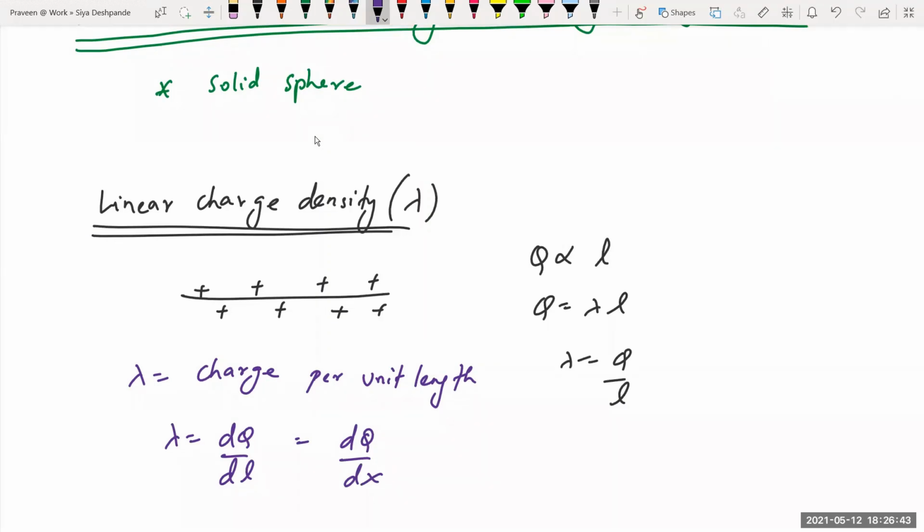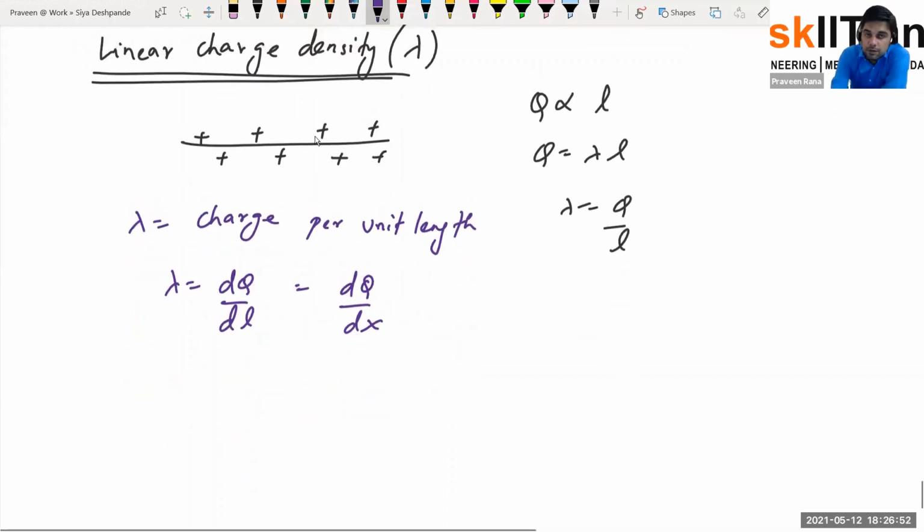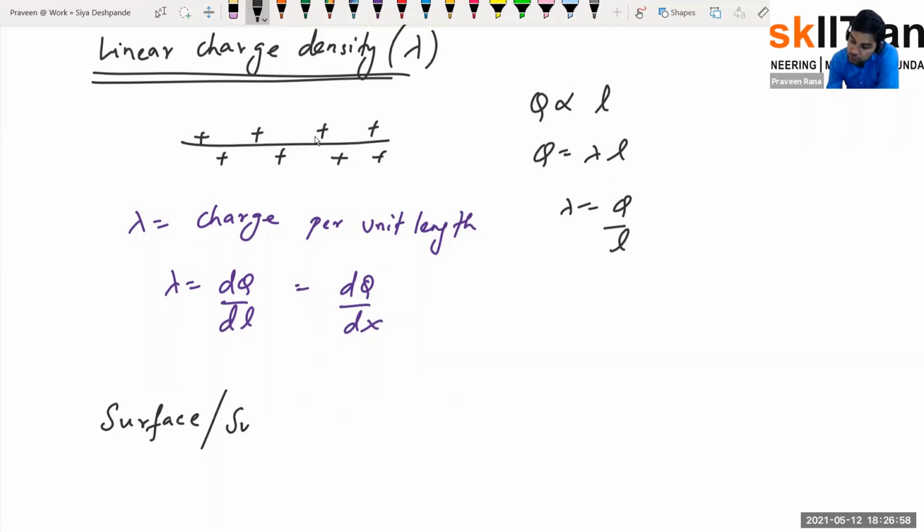Okay. So now can you tell me what is surface charge density? The charge per unit area. Exactly. So we have another term with us, which is surface, or you could say superficial, or even areal charge density.